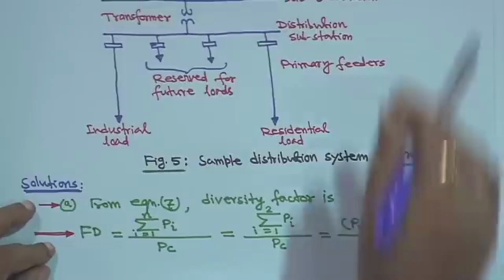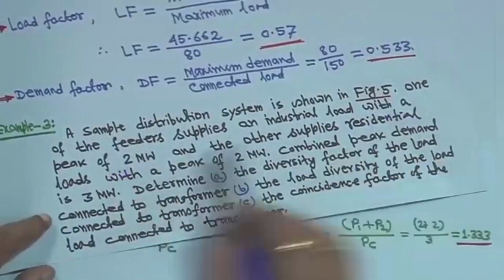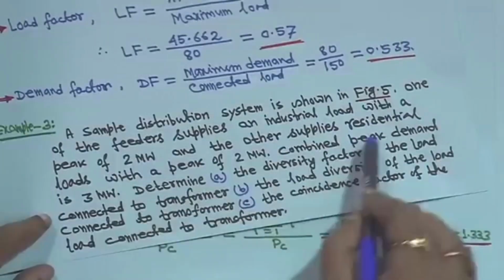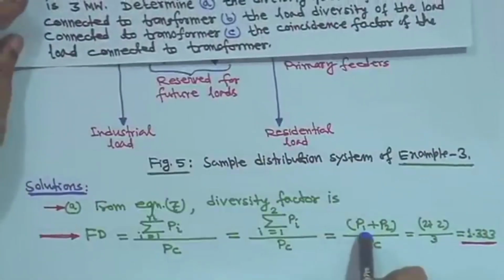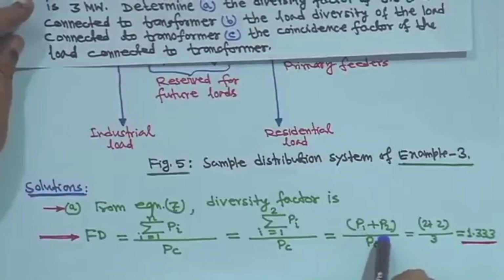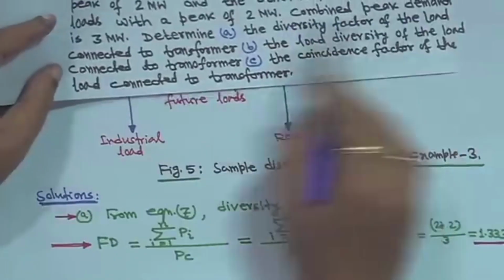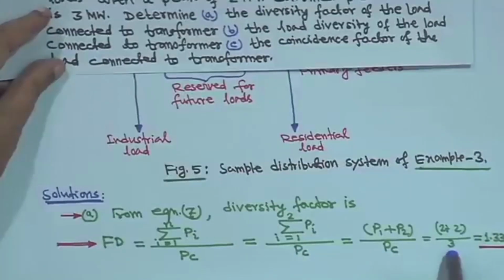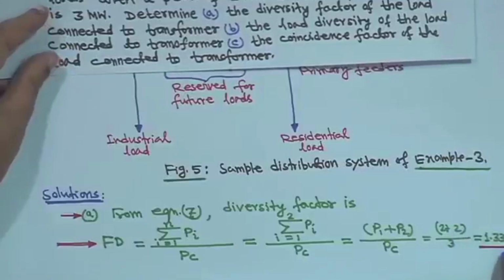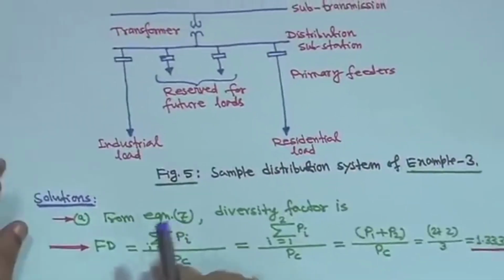The industrial load has a peak of 2 megawatt and the other residential load has a peak of 2 megawatt. That means P1 is equal to 2, P2 is equal to 2, that is 2 plus 2, and the combined peak demand is 3 megawatt. So, Pc is equal to 3 megawatt. So, 2 plus 2 by 3 is 1.333. So, this is your diversity factor.